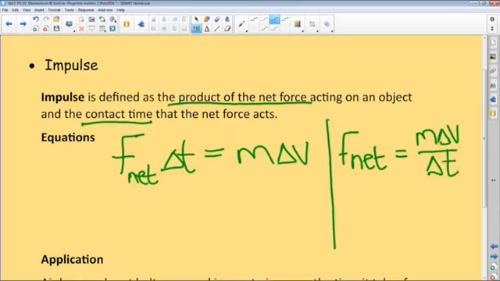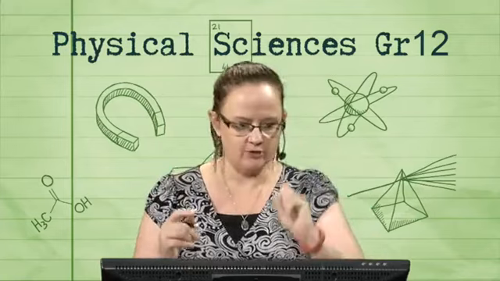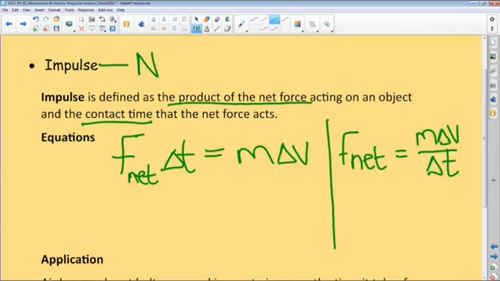Same thing. Why is impulse important? Well, before we get there, I need to remind you the units of impulse are newton seconds. It is equal in value to the change in momentum, but it has a different unit. It will be in the same direction.